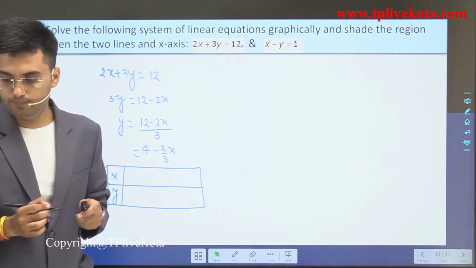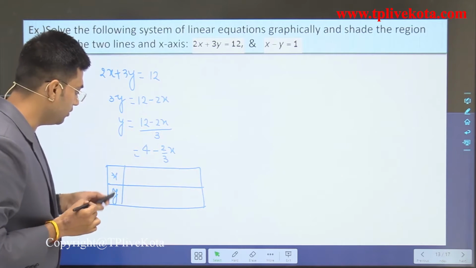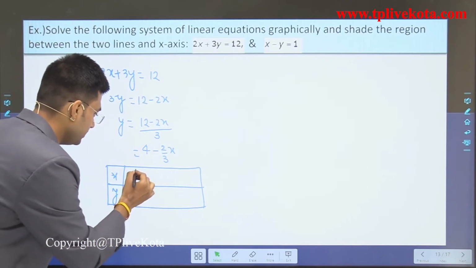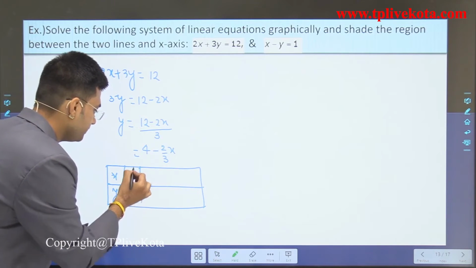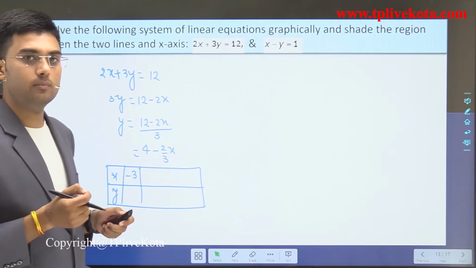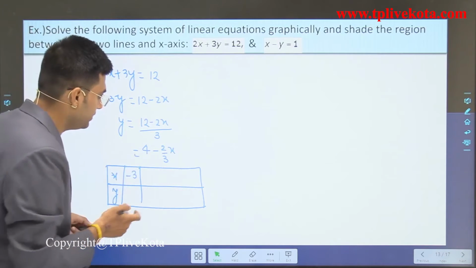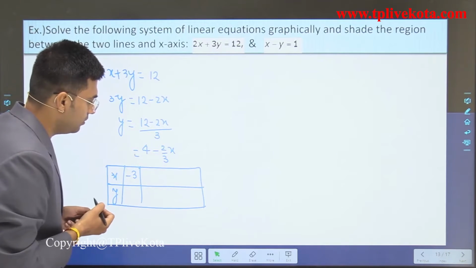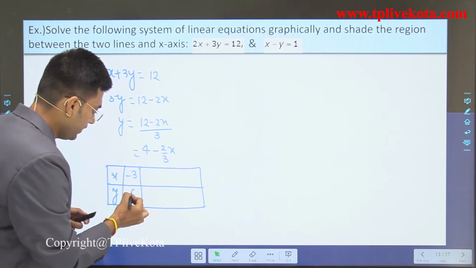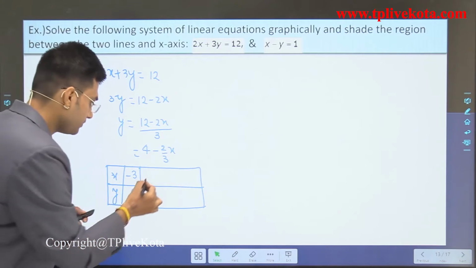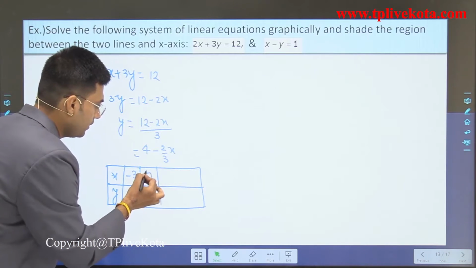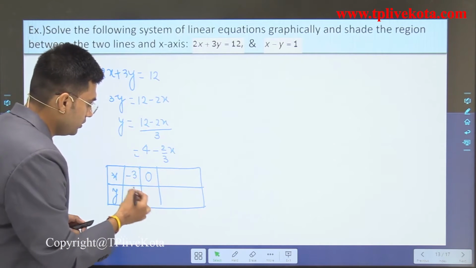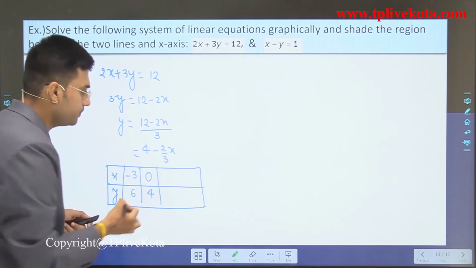Now let's put the value of x is equal to -3. Then 3 cancels out, so y is equal to 6. If we put x is equal to 0, then y is equal to 4.